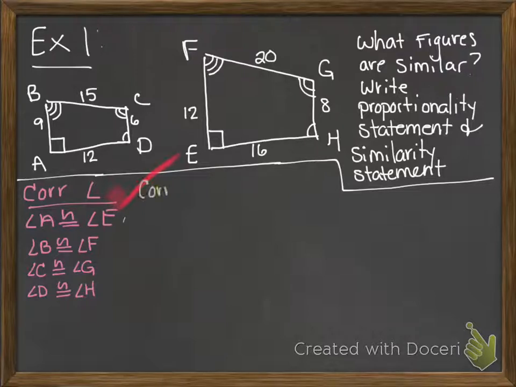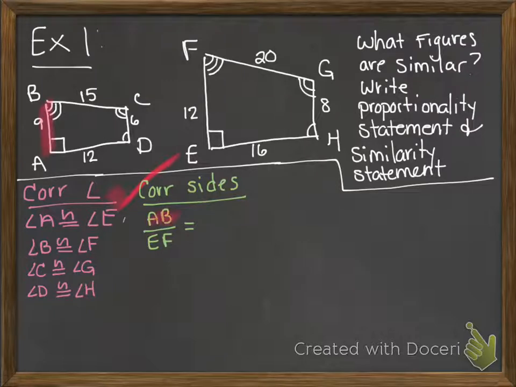The next thing I need are my corresponding sides to be proportional. So remember, proportional, all that means is that my ratios are exactly the same. So I'm going to take my two sides that look the same and set them up as a ratio. So I'm going to use AB and EF. And remember, all a ratio is a fraction that compares two sides.